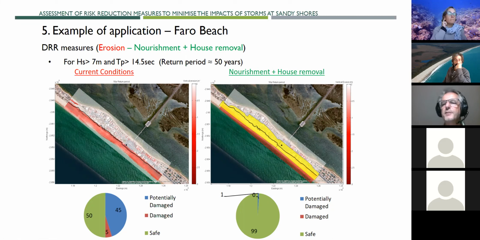This measure just for Faro Beach is estimated to cost between 100 and 200 million euros. So it's effective in terms of risk reduction, but probably not easy to put into place due to the high cost. And more than that, people also do not accept so easily being relocated.